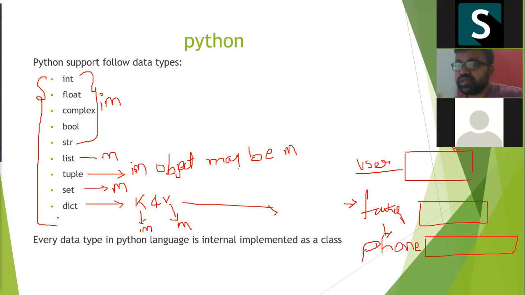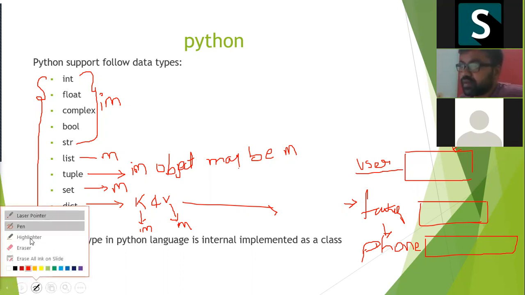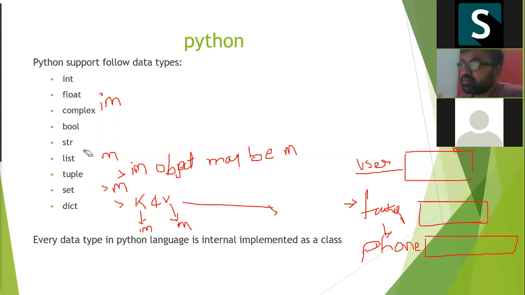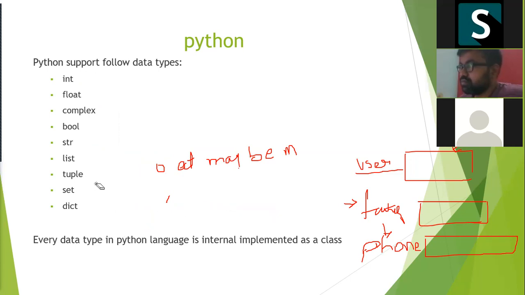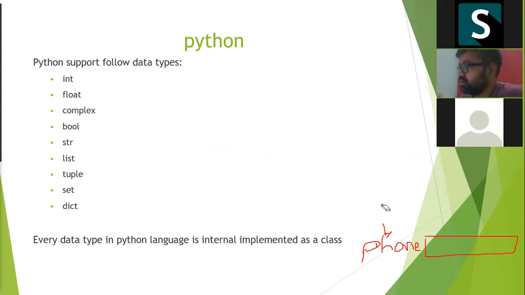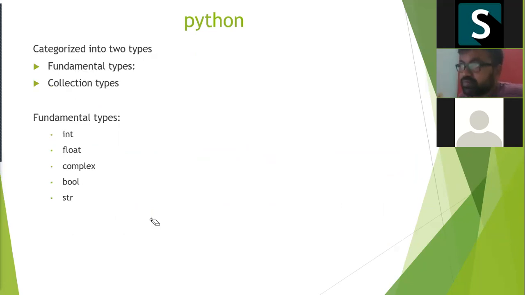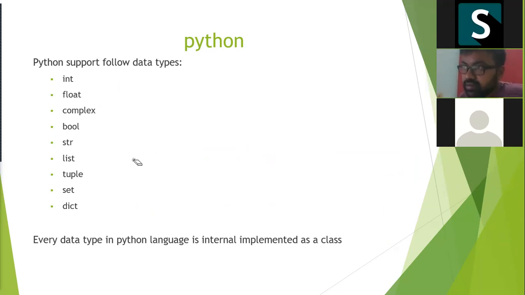I'm just giving a rough introduction about data types, and as I mentioned, these are fundamental data types, and these are collection data types, like groups of things we bring together.